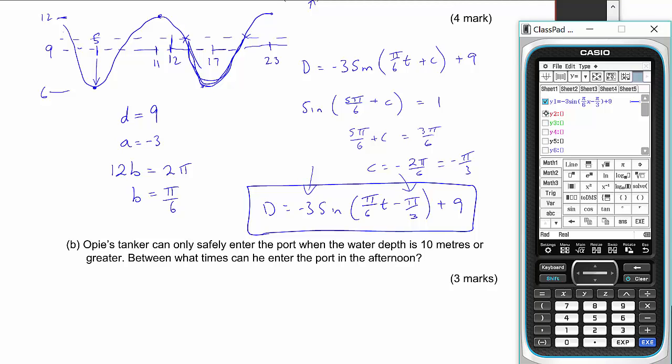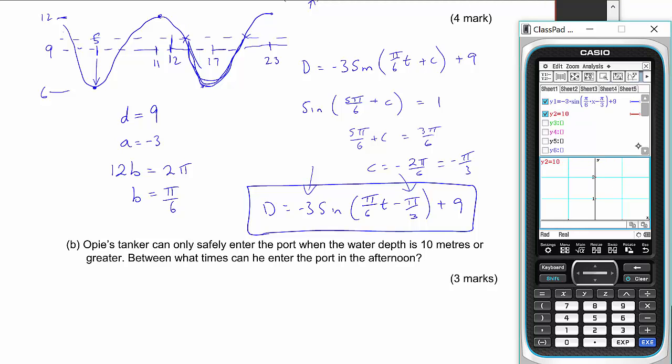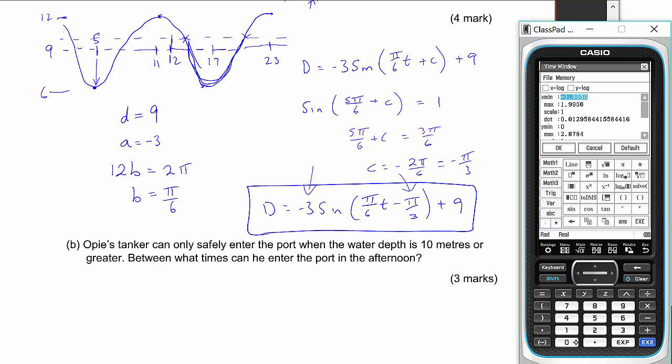And the other thing we're interested in is 10. So we'll put that there, like so. So we need to graph this anyway. So let's just graph them. They won't appear at the moment because of the window I've got. So I'm going to go from 0 to 24.